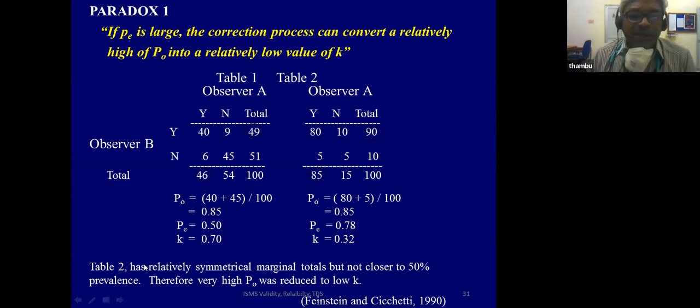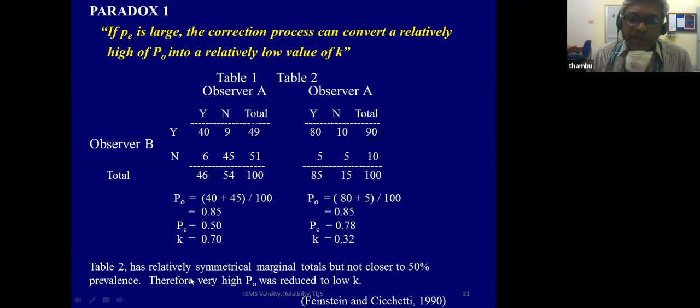So table 2 has relatively symmetrical marginal totals, 85, 90, 10, 15. But the marginal totals are not closer to 50%. Here, the totals are closer to 50%. Both are almost 50%, 50%. Therefore, here, there's an effect of prevalence of disease.